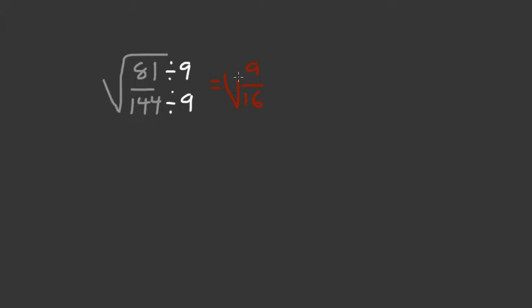And we're still square rooting that. So now it's the square root of 9 divided by the square root of 16. And that equals 3 over 4, which is what we got the last time we did this. We got 3 divided by 4, or 3/4, or 0.75.